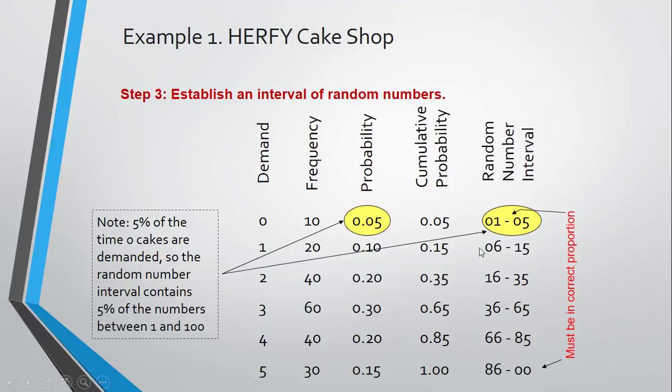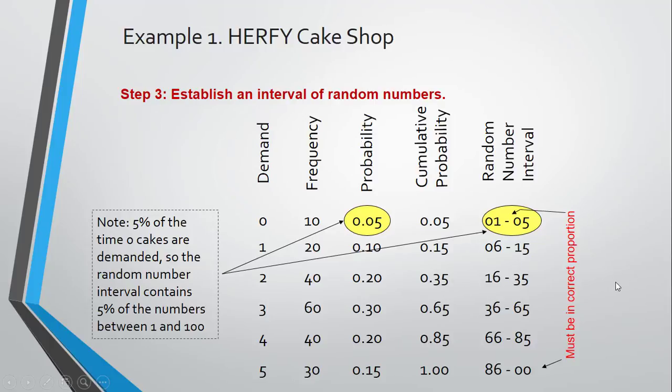Then 6 to 15 is the second interval. Then 16 to 35 is the third interval. 36 to 65 is the next interval, then 66 to 85, and 86 to 100. So you set a random number interval based on your cumulative probability distribution.